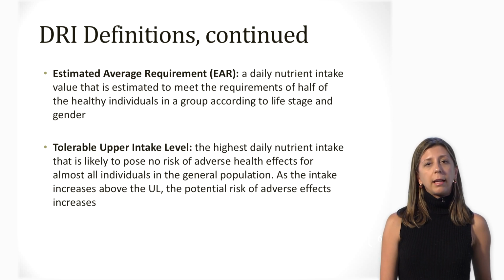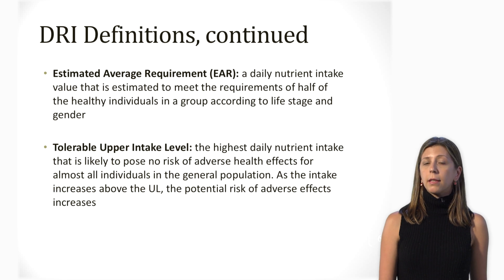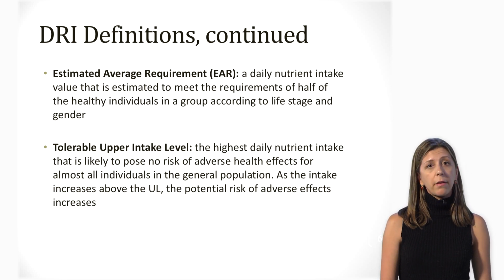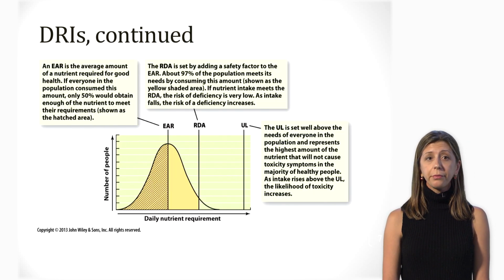When you go above that, you better watch out because the risk of toxicity or some adverse effect increases. So that's why a UL exists, to give you that maximum amount where you're safe. Once you go over that, you need to start considering that a toxic effect can happen.